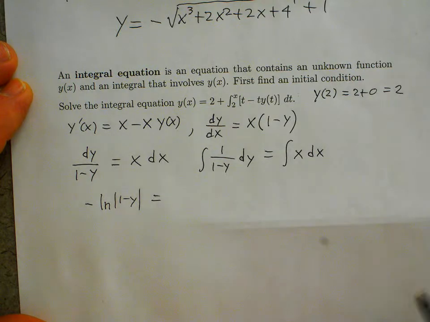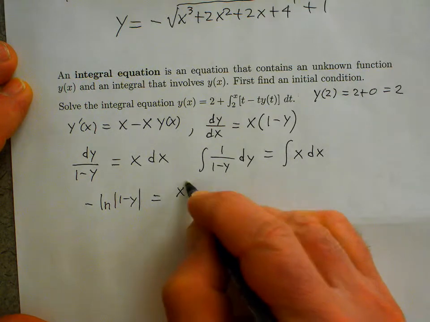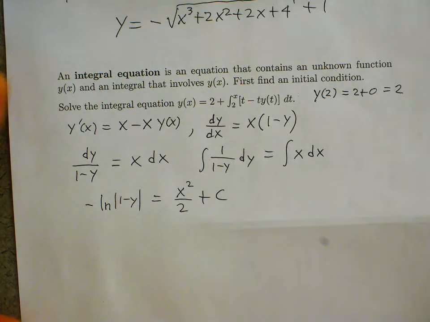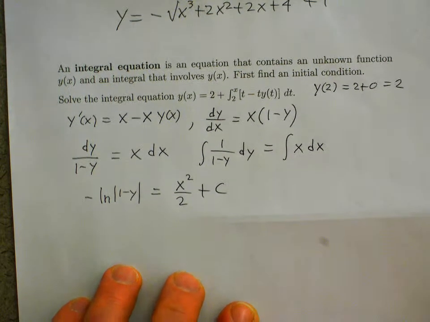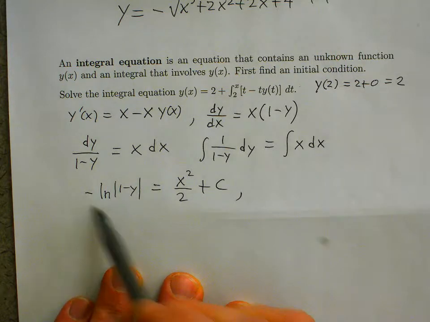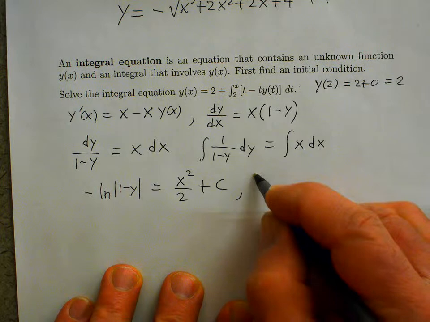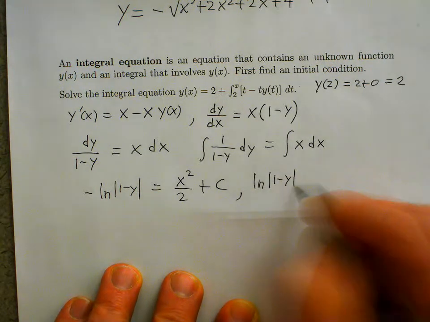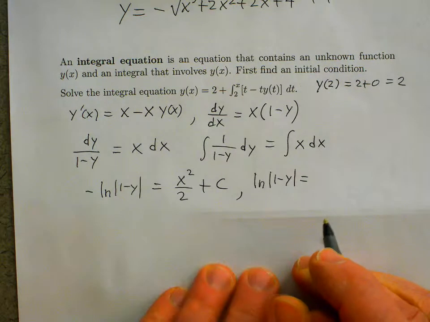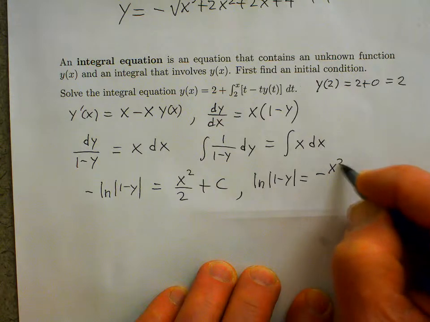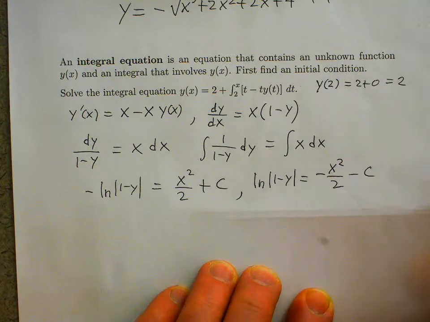And on the right-hand side, we get x squared over 2 plus a constant. And then let's go ahead and multiply both sides by -1, so we get the natural log of the absolute value of 1 minus y equals the negative of x squared over 2 minus c.